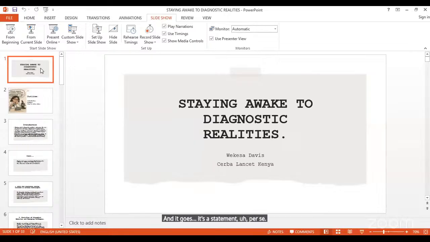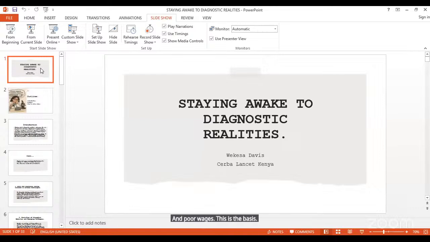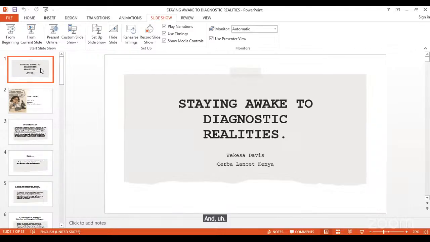As we embrace a world of rapid diagnostic evolution, to stay relevant, our union and board should regulate quacks and poor wages. This is the basis of lab personnel being able to be included on the table of leadership. And there's another question from Jonathan Koima, and it's a statement as well: great presentation.